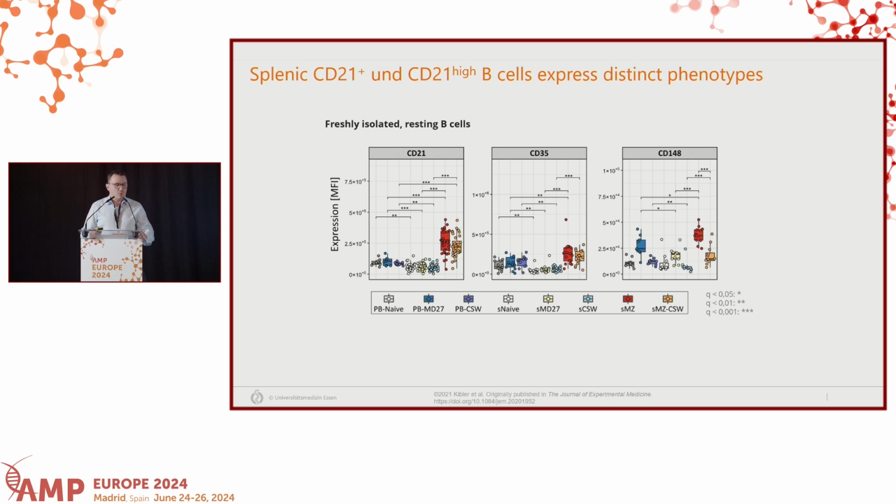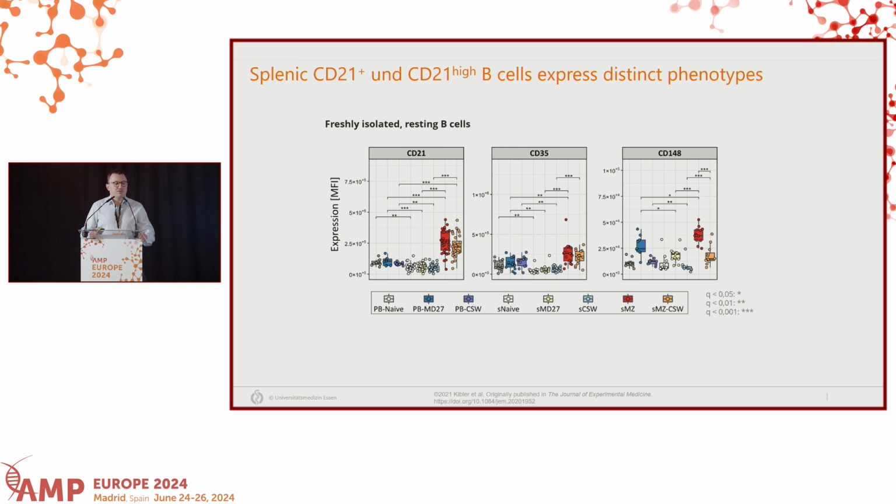It is well established that complement components are important for the recognition of these bacteria and their uptake. And in particular, marginal zone B cells have a high expression level of these molecules. In addition, the molecule CD148 is elevated, especially in the IgM-expressing marginal zone B cells.